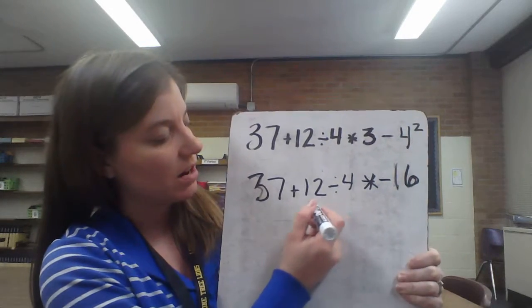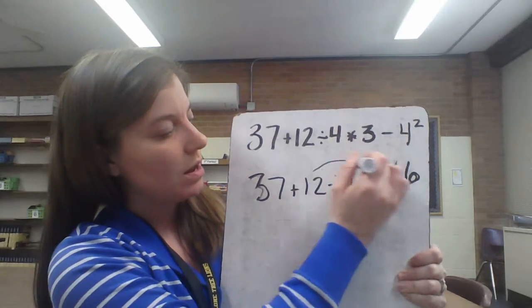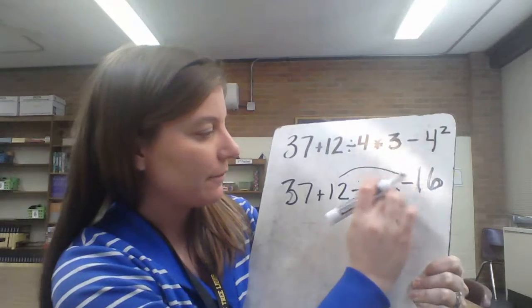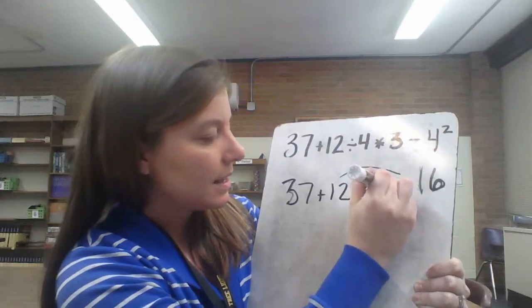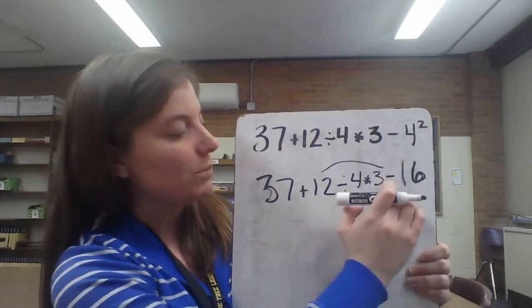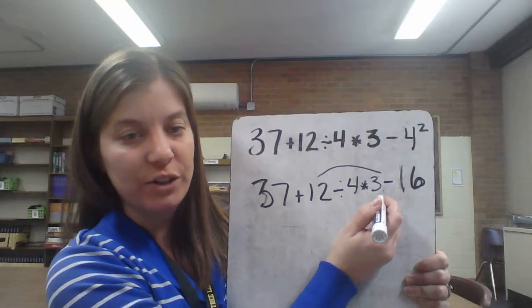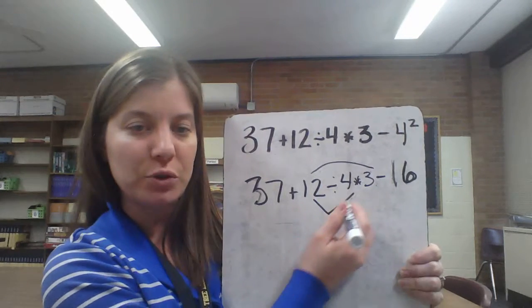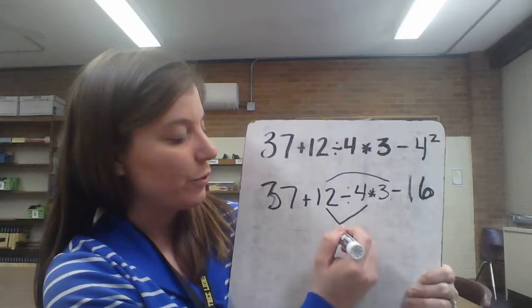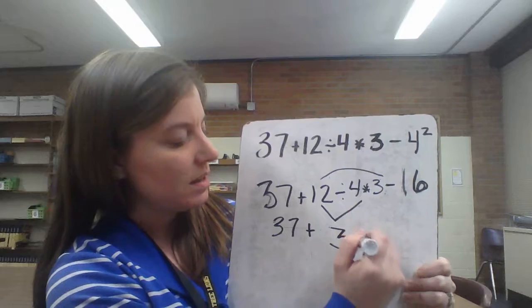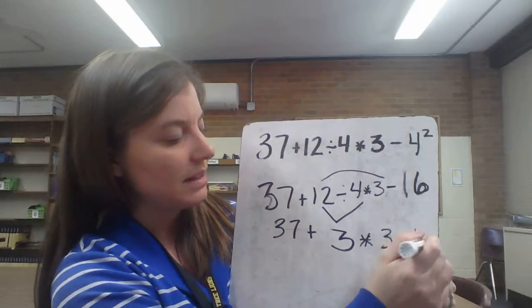Uh-oh, I see what I forgot. Times 3 minus 16. There we go. This is my multiply, divide. I'm not going to do this first. I'm going to do my 12 divided by 4 because I'm going left to right. Notice how I'm drawing those carets. 12 divided by 4 is 3. 37 plus 3 times 3 minus 16.